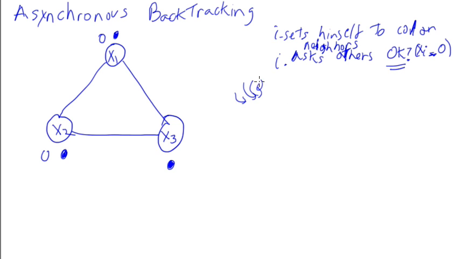All those okay messages that you get from your neighbors, plus your own color, you put in a variable we call the local view. That is just a table of the color that you think everyone is at this time.